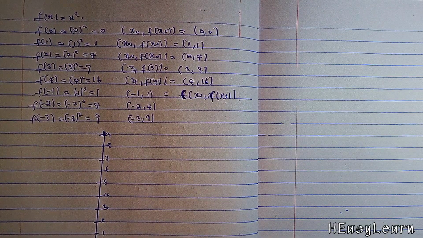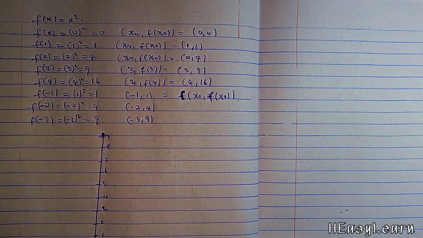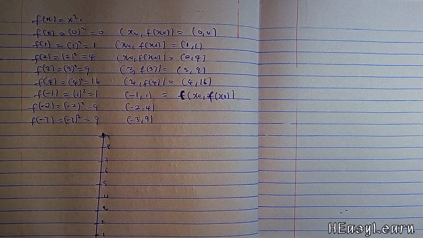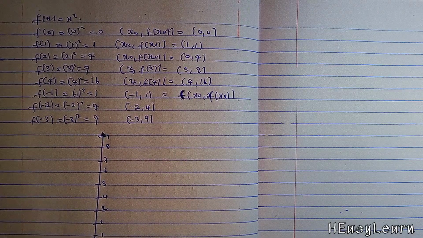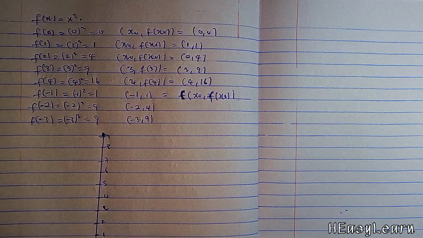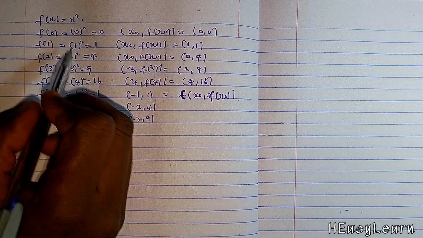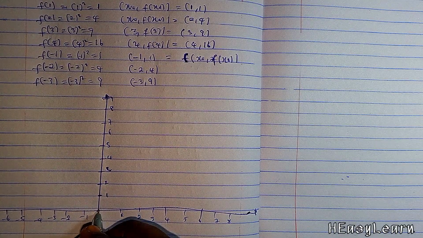Here is the positive x axis, 5, 6, 7, 8. Here is the negative x axis, and here is the negative y axis. So at point 0, 0, this is the origin.